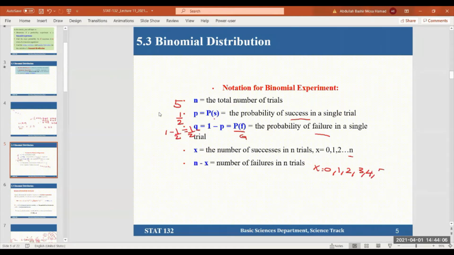Or the maximum is 5 boys. In general, the number of successes starts from 0 up to n. The maximum number of successes is n, definitely, because we have n trials. We have 5 kids, so the number of boys will be at most 5, not more. The minimum could be 0. Clear?